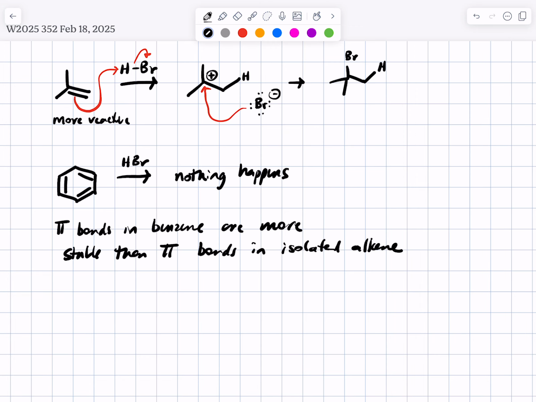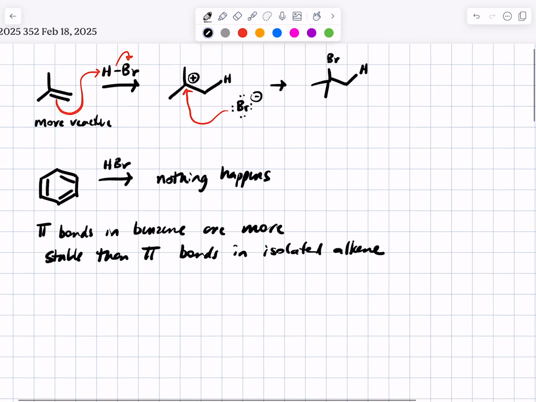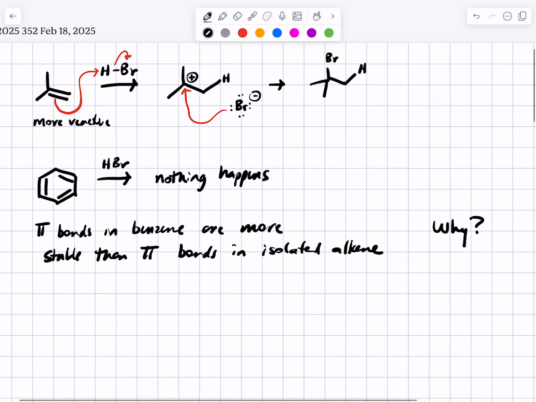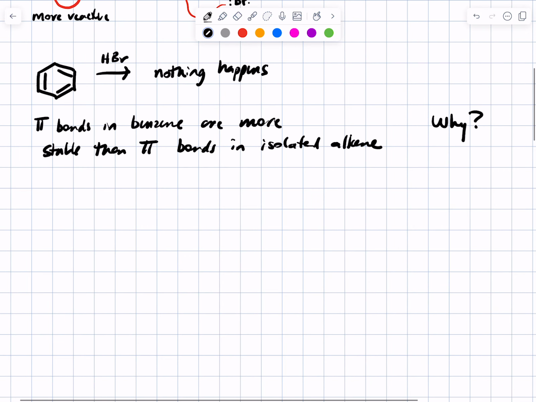And so one of the first things that emerges if you just look at the benzene structure, and this is something that has been known for a long time about benzene, is resonance stabilization.